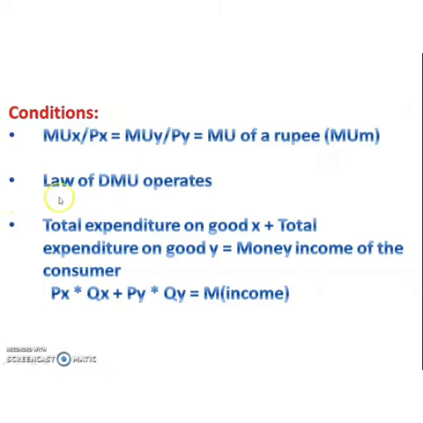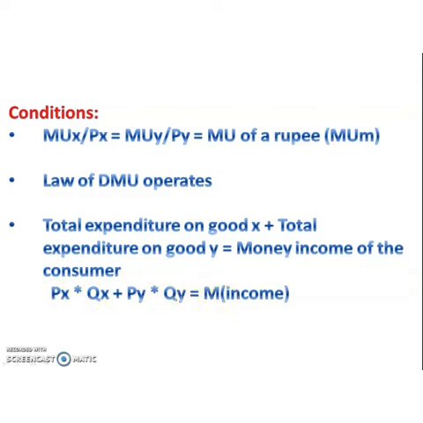The second one: the law of diminishing marginal utility operates. The third condition: total expenditure on good x plus total expenditure on good y is equal to the money income of the consumer, that is, price of x into quantity consumed of x plus price of y into quantity consumed of y is equal to the income of the consumer.